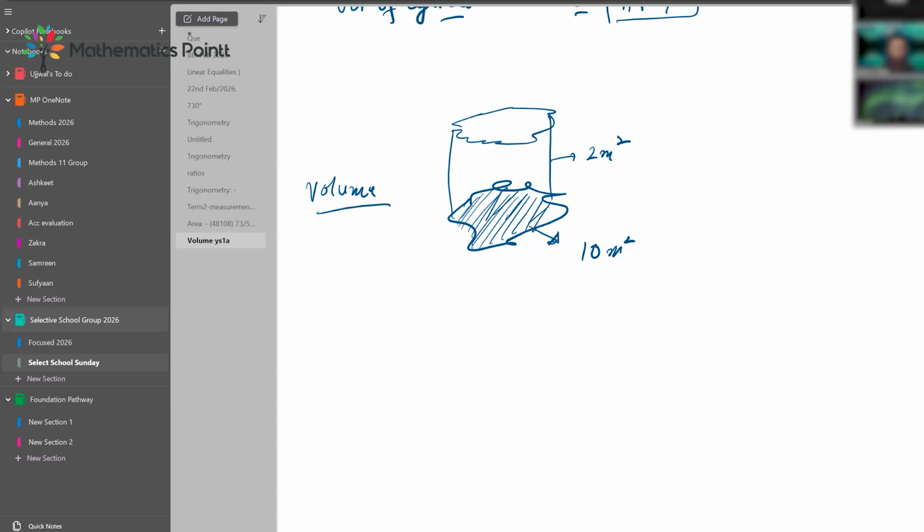Then the volume of this irregular sort of shape is the area of the base times its height. So 10 times 2, which is 20 meters cube. So that's the very fundamental basics of what volume is all about.